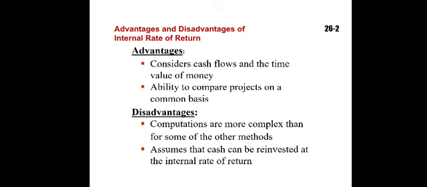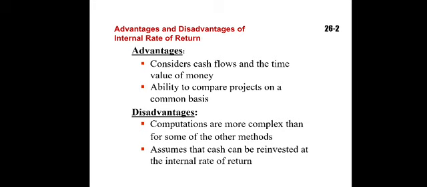Okay, remember this. You have seen 4 methods that can be used to evaluate the purchase of fixed assets. The first 2 methods are methods that ignore the present value. The methods are the average rate of return method and the cash payback period method. These 2 methods ignore the concept of present value.